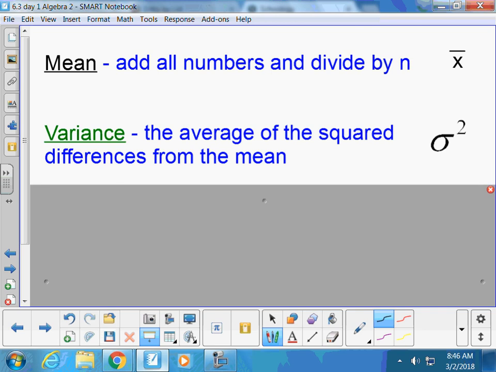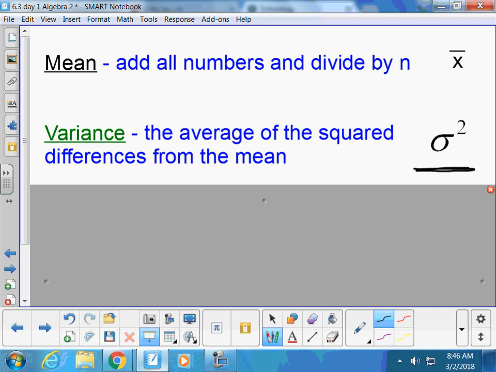Variance can be written with a Greek letter called sigma. That's what you're seeing over here on the right. Variance is the average of the squared differences from the mean. So that will make more sense when we do an example problem, but basically you would find the average of your data set, and then every single number you would see how far it is from the average.